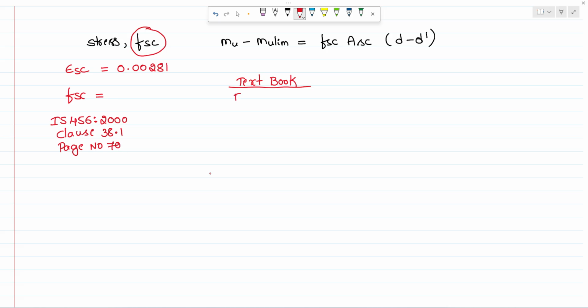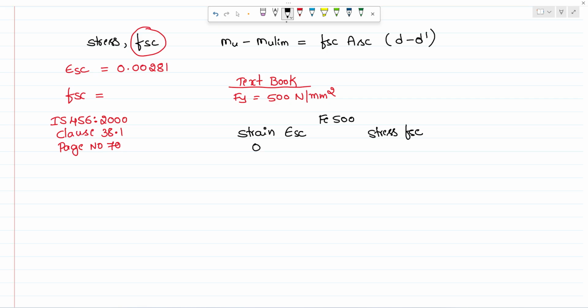Your grade of steel is 500 Newton per millimeter square here. If you refer to any textbook, you will get the strain epsilon SC and corresponding stress FSC values. This is for Fe 500 grade.